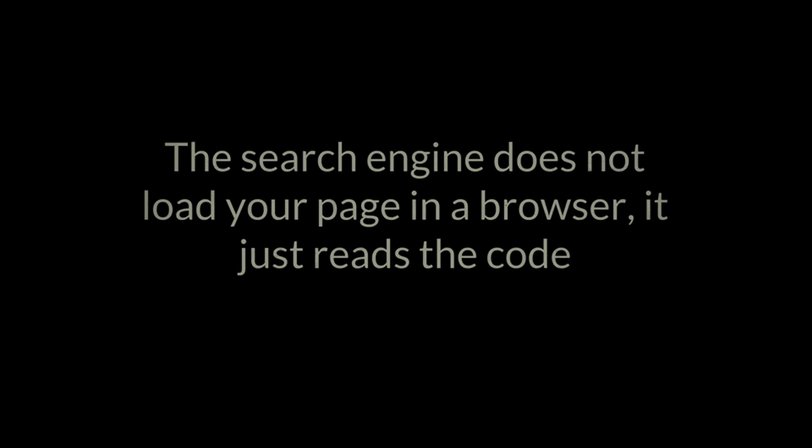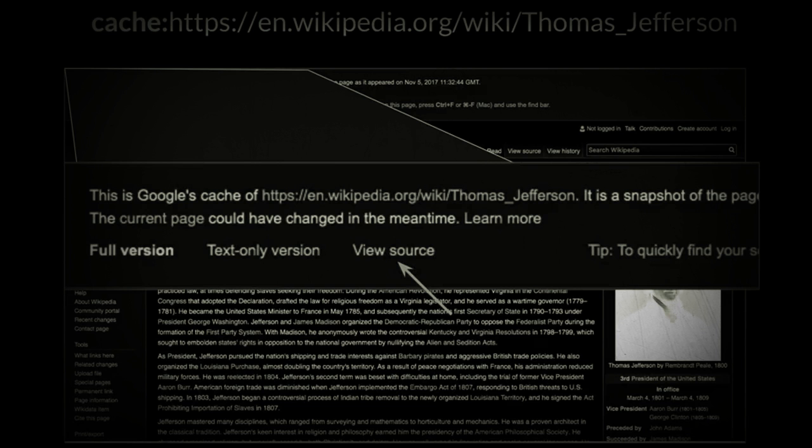However, often with desktop, it is not rendering it in a browser. It's just reading the code. So when we want to actually see the version of the page that the search engine sees, quote unquote, when it crawls the page, we'd want to look at this.